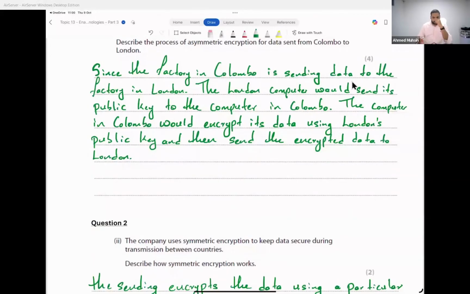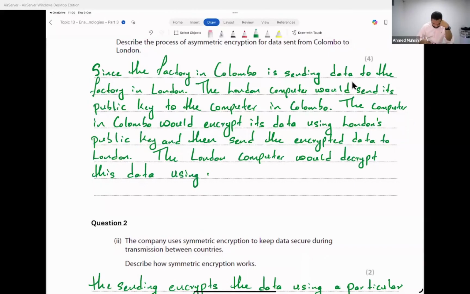The London computer would decrypt this data using its public and private key.